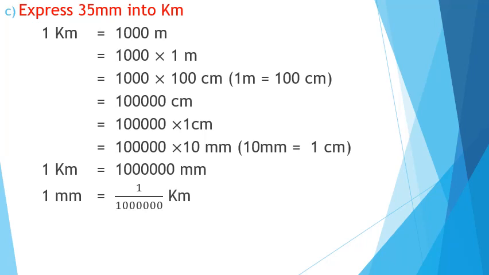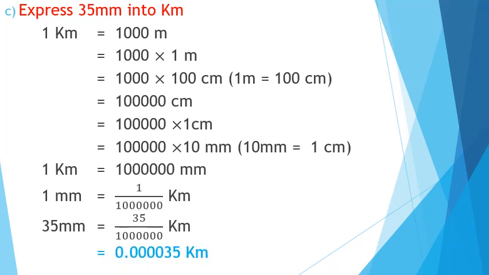If you know directly, you can write it as 1 kilometer equal to 10 lakh millimeter, or you can write it as 1 millimeter equal to 1 upon 10 lakh kilometer. So 35 millimeter equal to 35 upon 10 lakh kilometer gives 0.000035 kilometer.